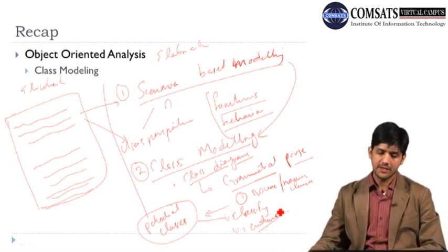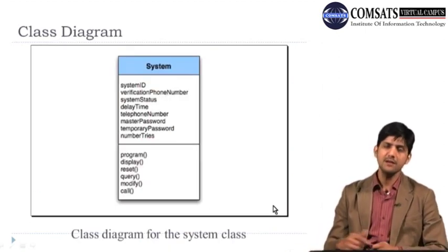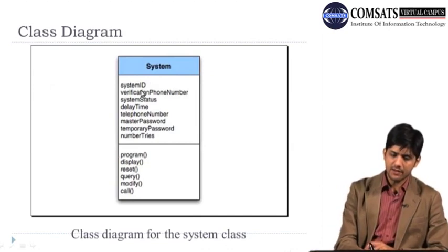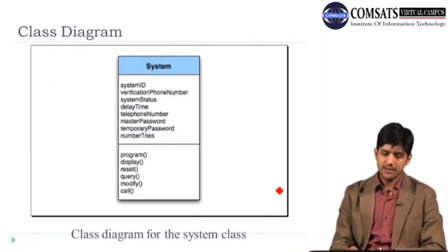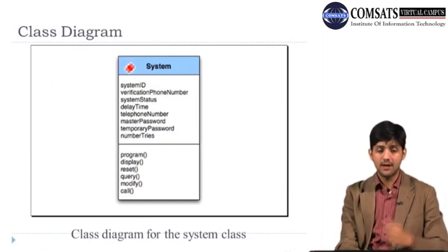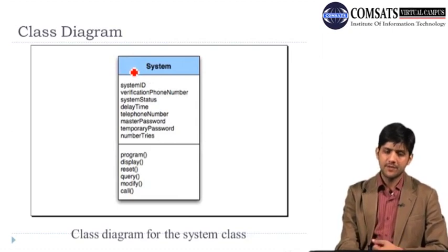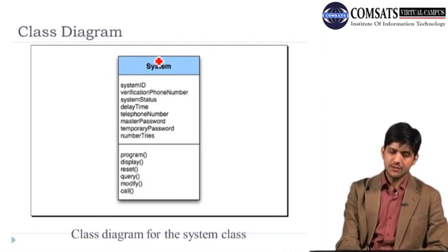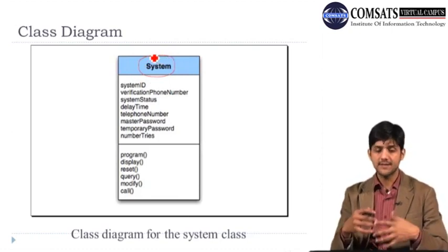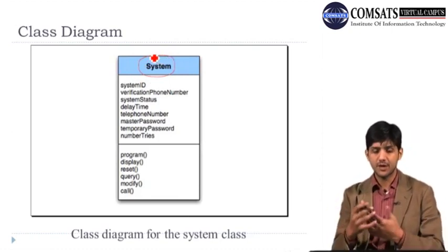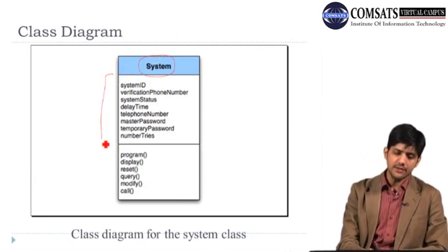So that was the first grammatical parse, and we said that we do 2 grammatical parses. For the second grammatical parse, if you look at this class diagram, it shows that this is a class. And this is how we represent classes in UML and various other modeling tools. So this is the class name, system, and this class has passed those 6 criterion, and we have selected it as a class. But if you remember, a class has 2 other things.